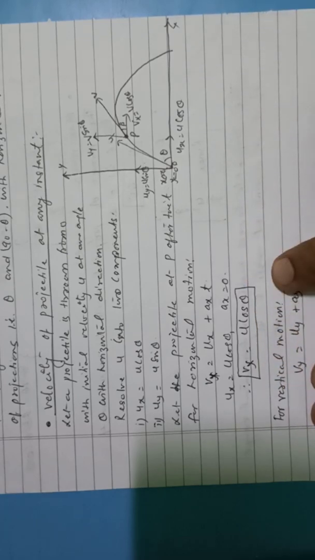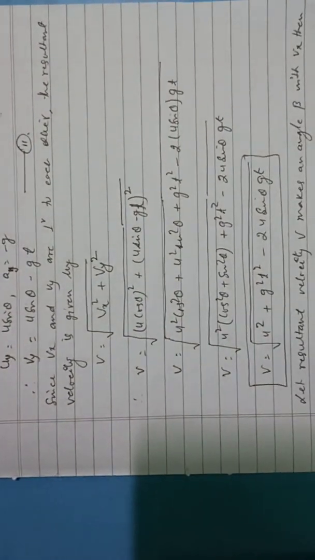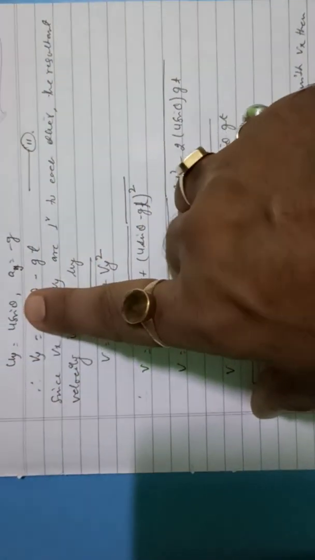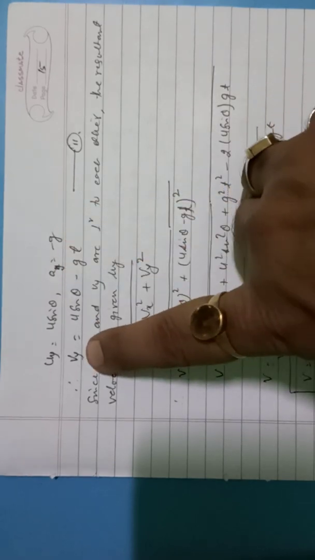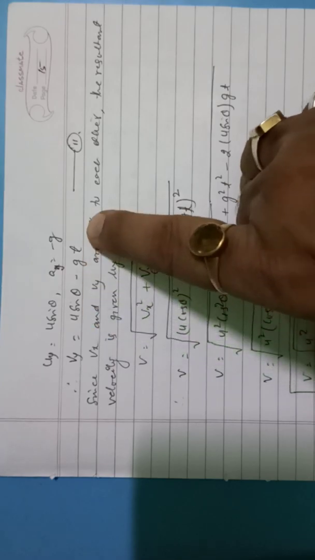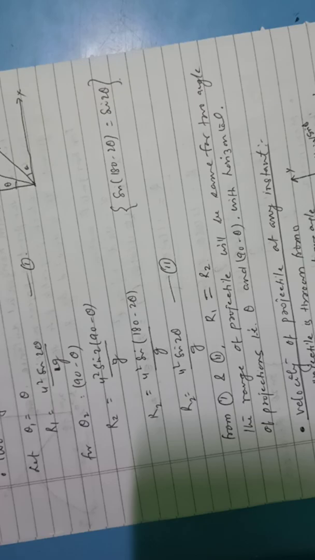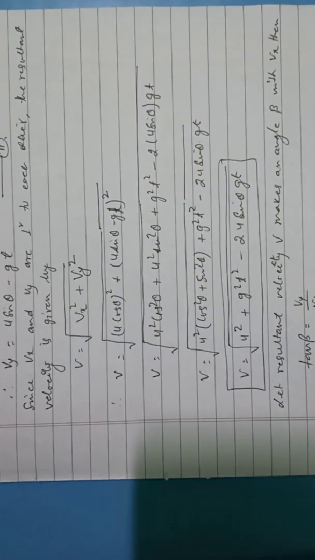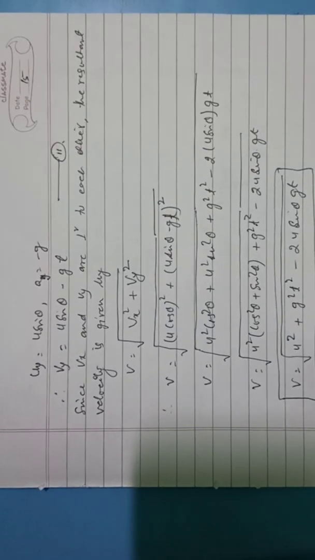Now along vertical motion, Vy is equal to uy plus ay into t. Here uy is equal to u sin theta and ay is equal to minus g. Therefore, Vy is equal to u sin theta minus gt. It is equation number 2. Now Vx is equal to u cos theta and Vy is equal to u sin theta minus gt from equations 1 and 2.